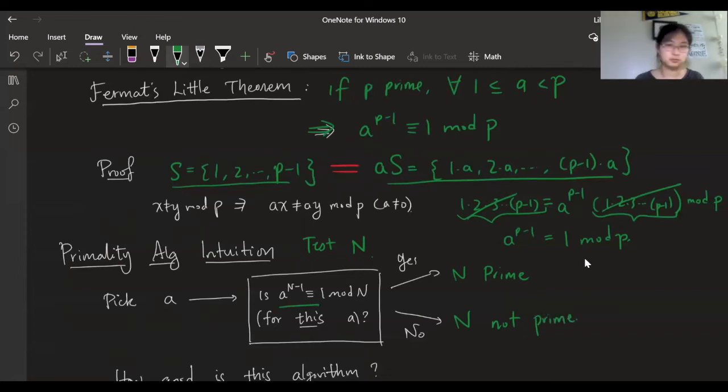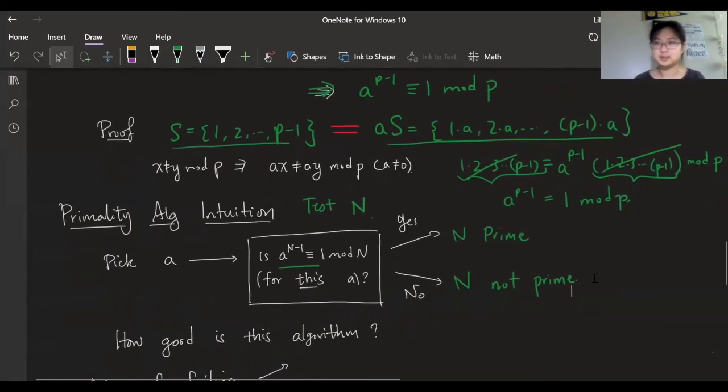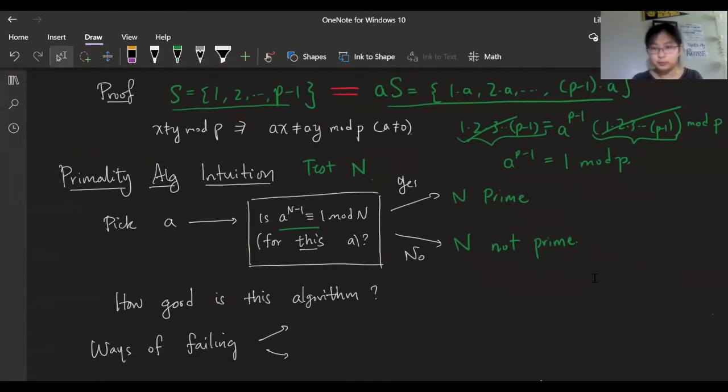Simple enough, you just reverse the arrows. If it works, it's prime. Doesn't work, it's not prime. And let's see how well this algorithm does. Because you should feel a little bit uneasy about this, because we're taking the arrow backwards. We're testing for primeness using this condition. So there are two ways of failing. One way is if n is actually prime and we conclude that n is not prime through the algorithm.